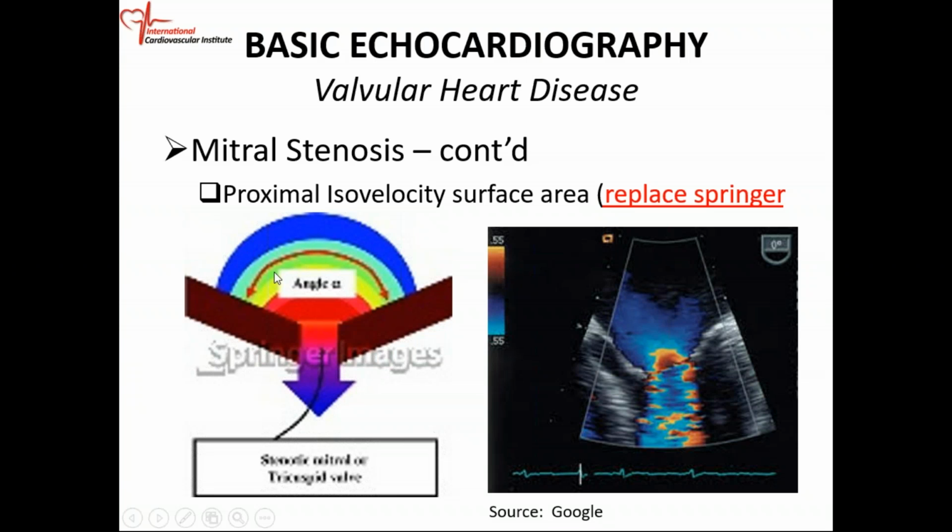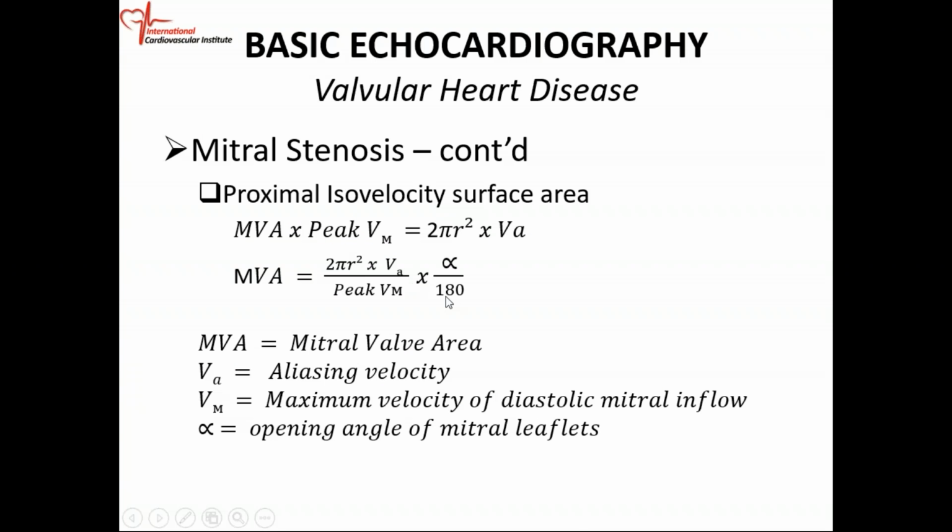The flow at the PISA, if you remember from hemodynamics, is the area times the aliasing velocity, okay? And then the flow across the mitral valve is the mitral valve area times the peak mitral velocity, okay? And then you just solve for the unknown, which is the mitral valve area.